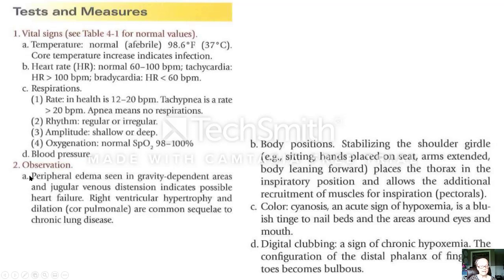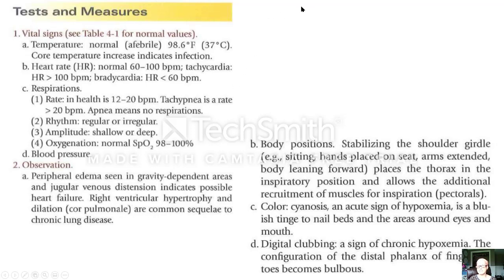Observation: peripheral edema is seen in gravity-dependent areas. Jugular venous distension indicates possible heart failure. Right ventricular hypertrophy and dilation are common sequelae to chronic lung disease.